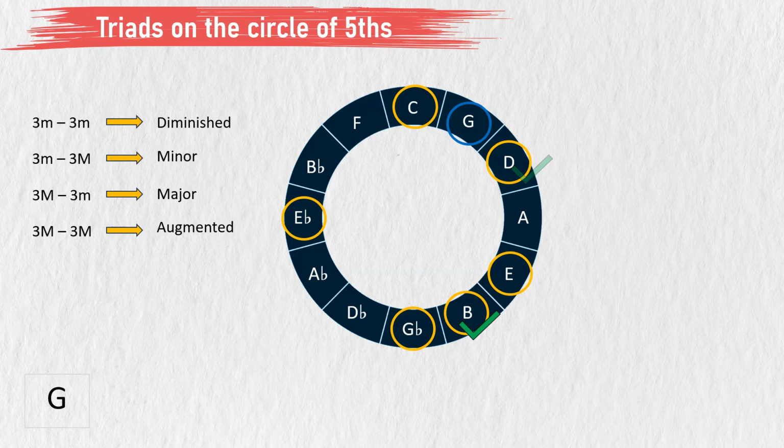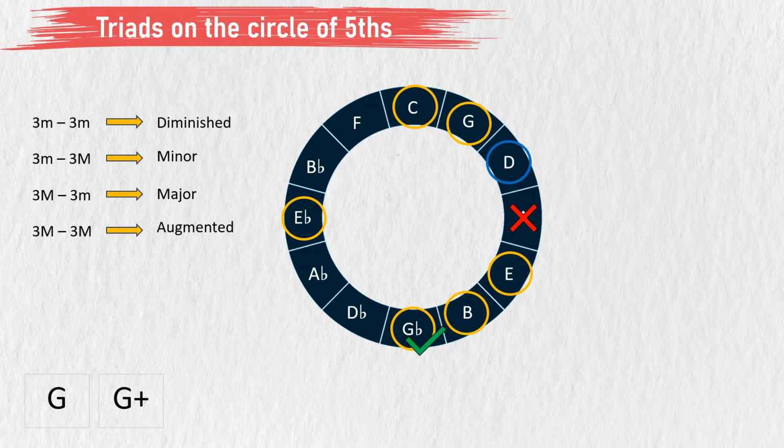Starting from B, 20 minutes clockwise, we get E flat, that belongs to the scale. Third major and third major, we get the G augmented chord. Starting from D, 15 minutes counterclockwise, we get F, that doesn't belong to the scale. Starting from D, 20 minutes clockwise, we get G flat, that belongs to the scale. But 15 minutes counterclockwise, we get A, that doesn't belong to the scale.